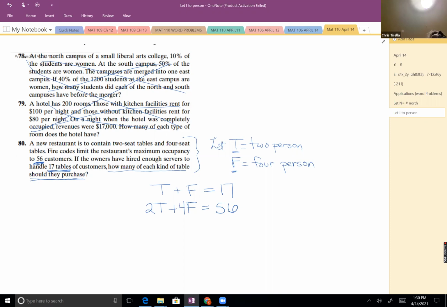Eliminate or substitute? What do you guys want to do? Let's do substitute. Okay, what do you want to solve for?